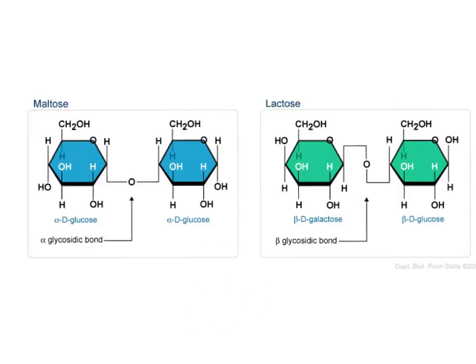In this graphic, I show you a completely different bond, similar but different. Again, here's our alpha 1,4 glycosidic bond, like we've seen already. But in this second graphic, to make lactose, it involves putting a galactose with a glucose. And the difference is right here in that glycosidic bond with oxygen, the bond angle is different.